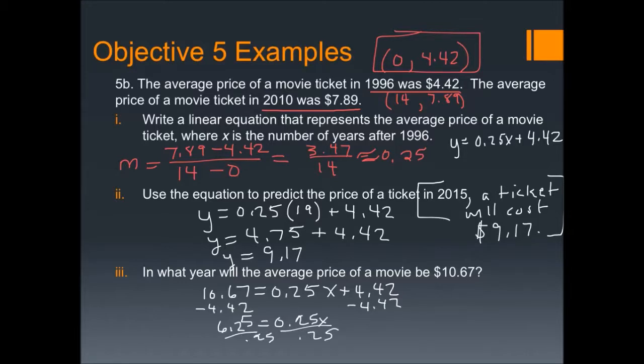And that's going to give me 25. x equals 25. 25 years after is 2021. So we're saying in 2021, the cost is $10.67. And that's it.